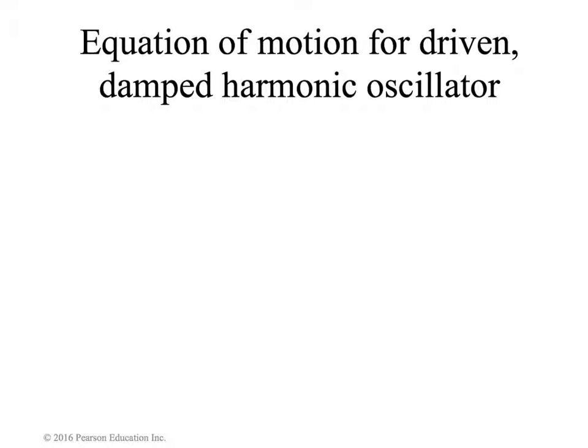So when we're talking about a driven damped harmonic oscillator, of course we have the force of damping, which is minus bv. We have the force of the spring, which is minus kx. But the driving force we assume is a periodic driving force with some amplitude, and the period of it is given at a particular frequency, which we call the driving frequency.